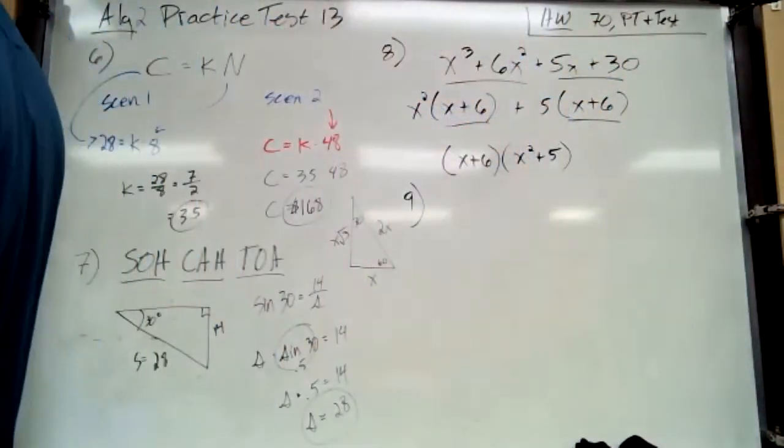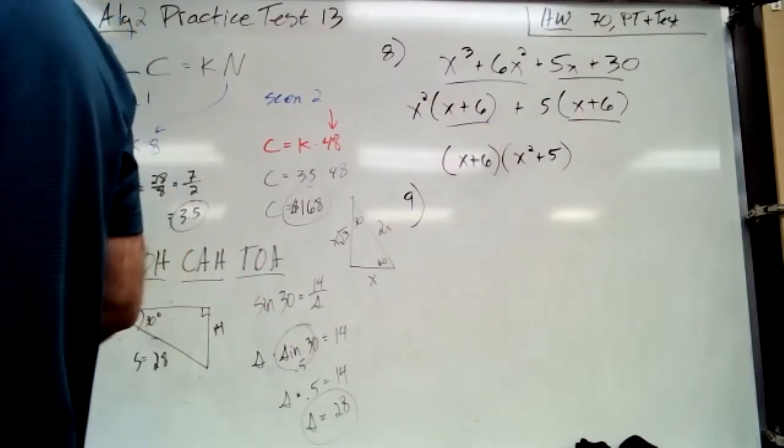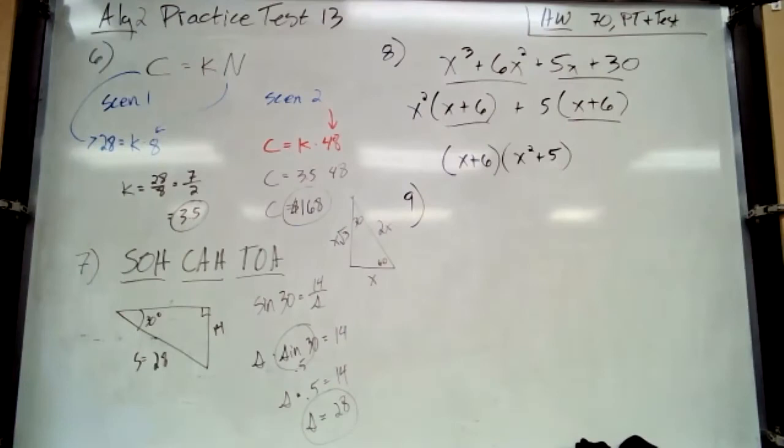All right, number 9. A number is chosen at random from whole numbers 11 through 30, including 11 and 30.